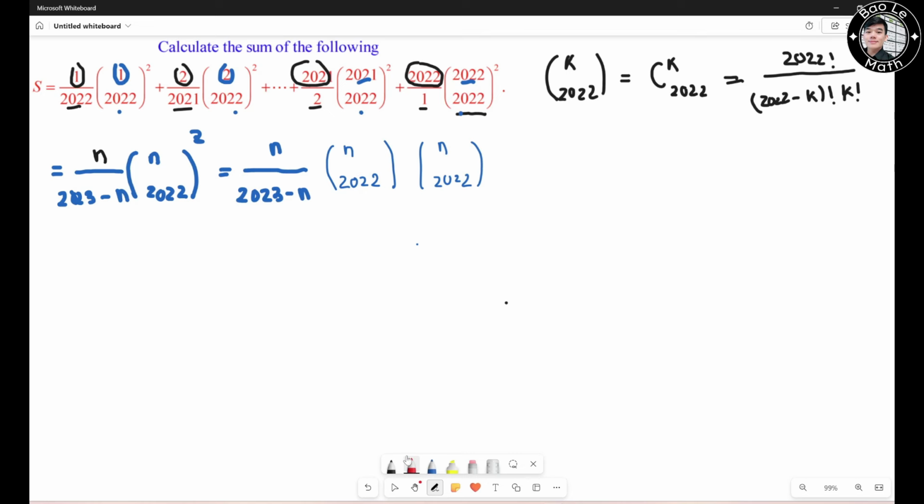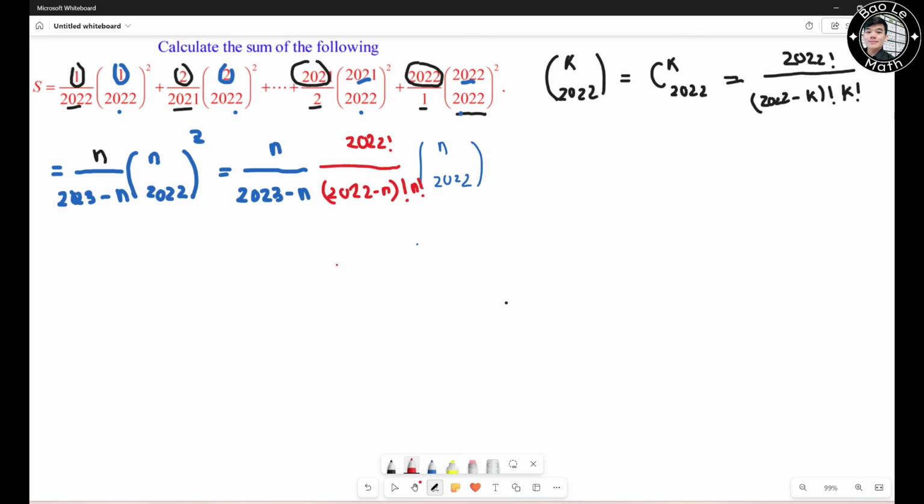The middle ones, I apply the formula: 2022 factorial over (2022 minus n) altogether factorial times n factorial.